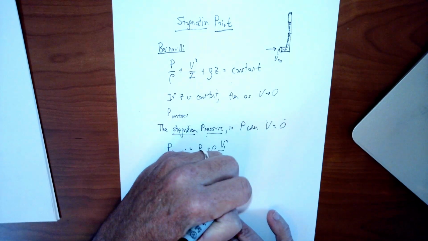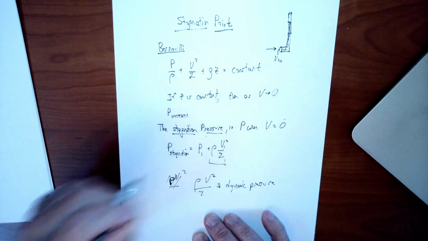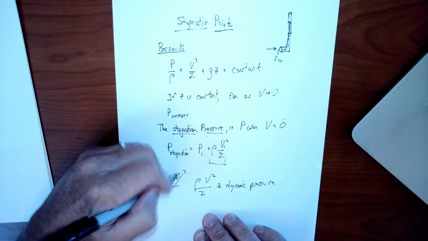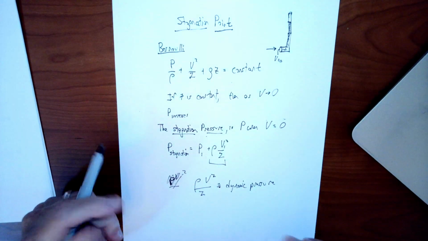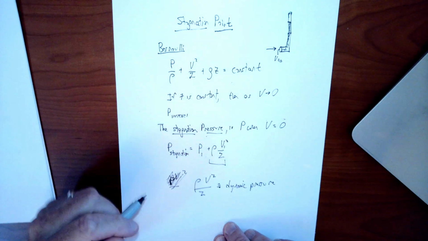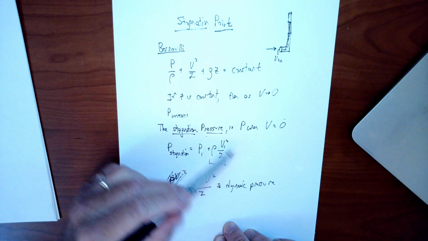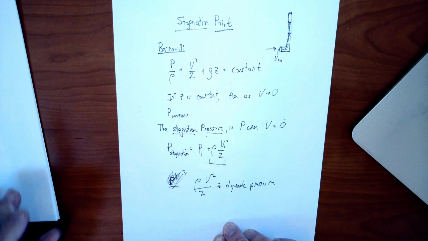So this is the component of the stagnation pressure that is coming from the fact that the fluid is moving. If the fluid were not moving, then it would have no dynamic pressure, and the stagnation pressure would be the same as its absolute pressure. So this dynamic pressure is the component of the stagnation pressure that comes because the fluid is actually moving.